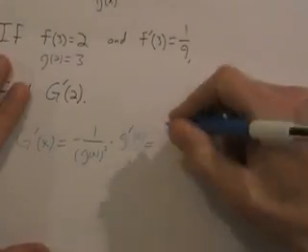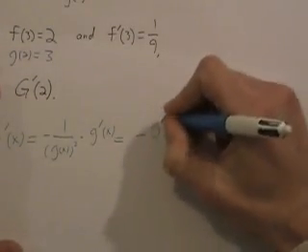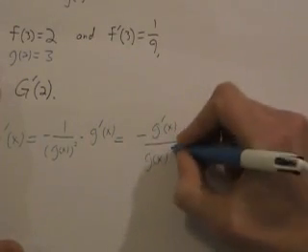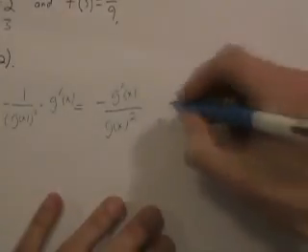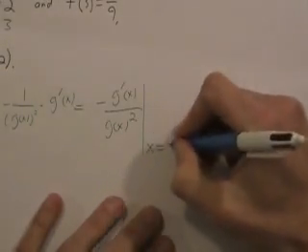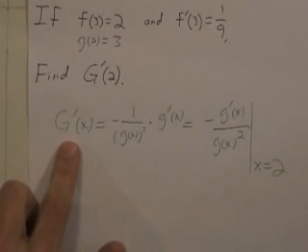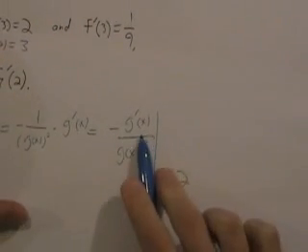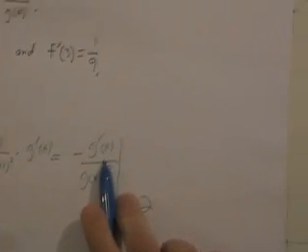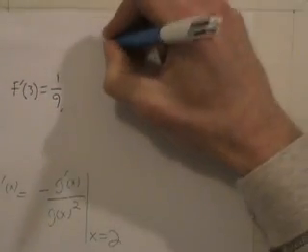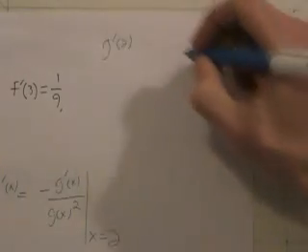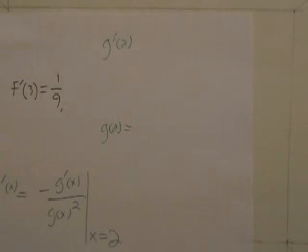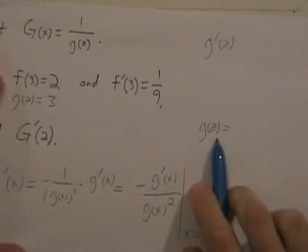Alright, and if I clean that up, that's minus g prime of x over g of x quantity squared. So what I need to do is let x equal 2 for this, and that'll give me big G prime of 2. So what I need here is g prime of 2, and I need g of 2.